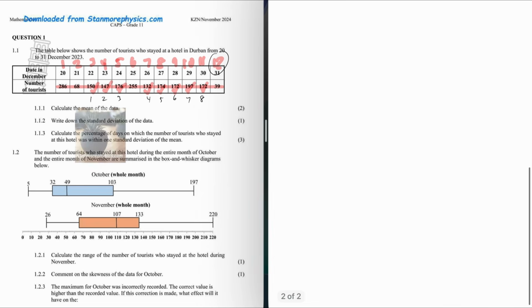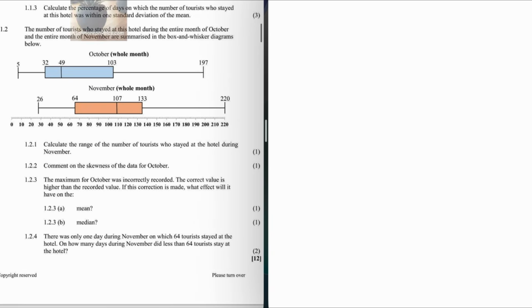Now let's take a look at question 1.2. The number of tourists who stayed at this hotel during the entire month of October and the entire month of November are summarized in the box and whisker diagrams below. Question 1.2.1, calculate the range of the number of tourists who stayed at the hotel during November.